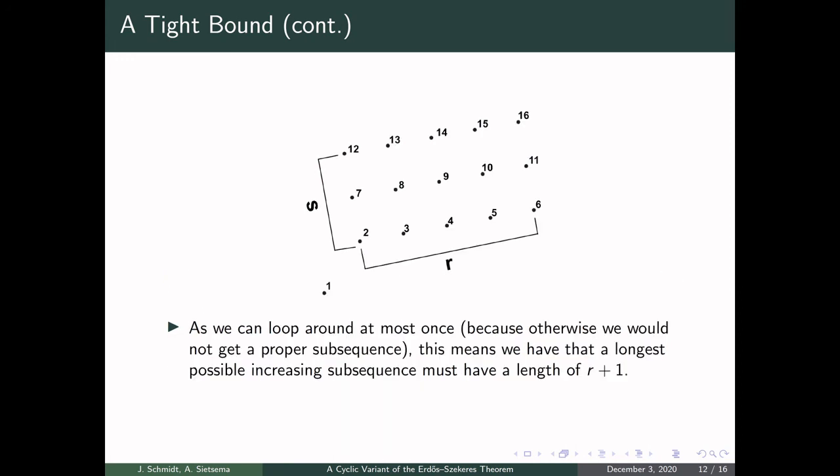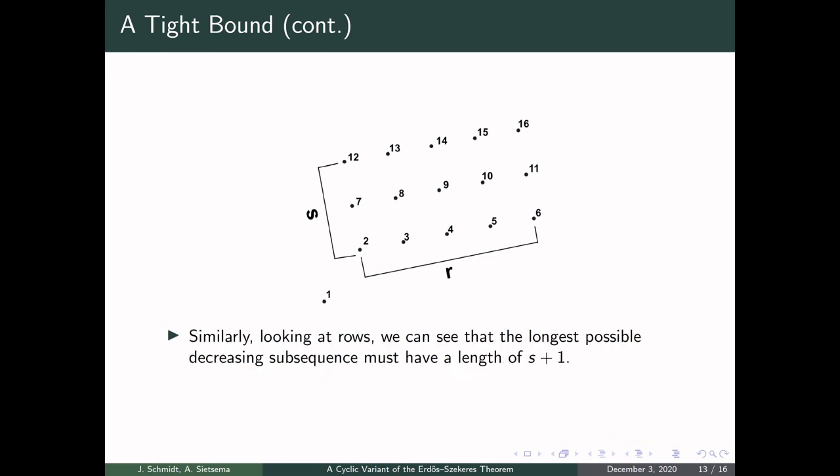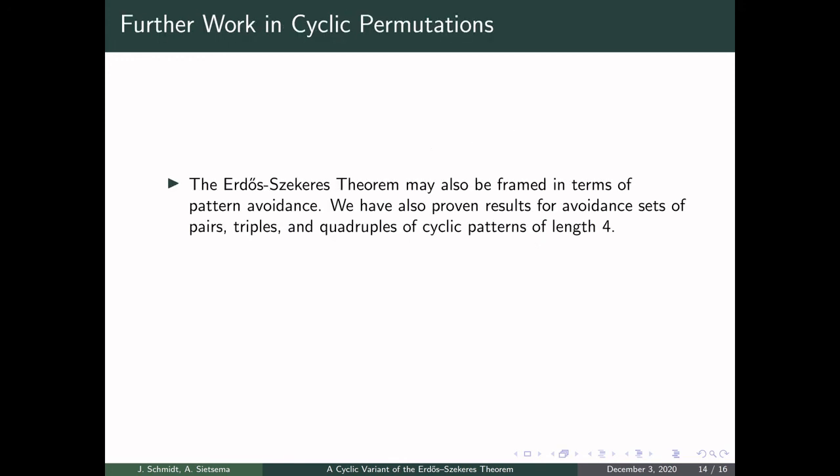Now, since this can happen at most once, since otherwise we would not have a proper subsequence, this means that the longest possible increasing subsequence must have a length of r plus 1. And we can do this exact same argument with the rows to determine that the longest possible decreasing subsequence must have a length of only s plus 1.